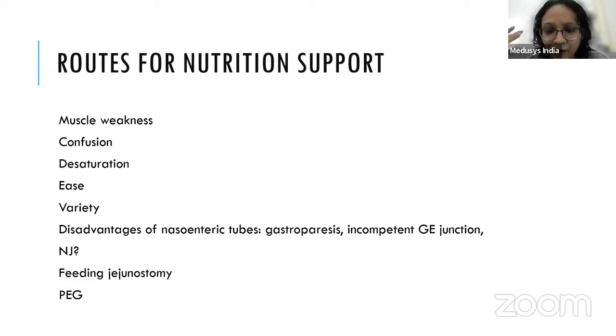There can be an incompetent gastroesophageal junction, so there can be aspiration. Ideally it's good if the distal end of the tube reaches up to the jejunum, NJ, right? But putting an NJ tube is difficult. Many times it needs endoscopic assistance, under anesthesia, to reach the distal tip exactly up to the jejunum.